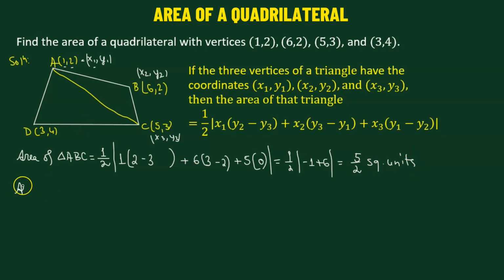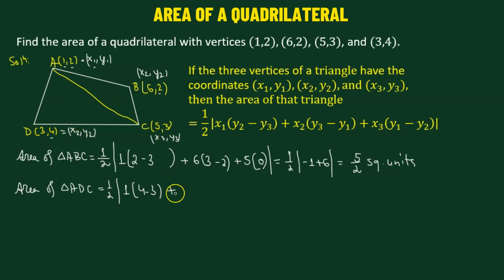Now we will find the area of the lower triangle, which is triangle ADC. To make our calculation simple, we'll keep A as (x1, y1) and C as (x3, y3). Now we are going to name D as (x2, y2). So we start with half multiplied by x1, which corresponds to 1. This will be multiplied by y2 minus y3, so we need 4 minus 3.